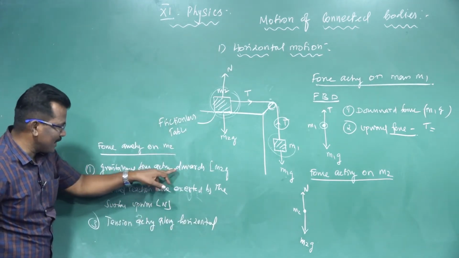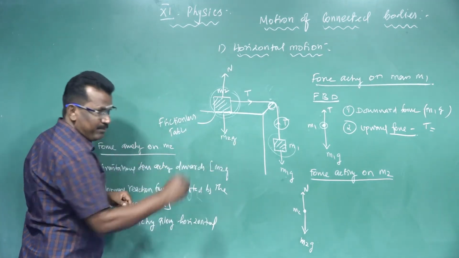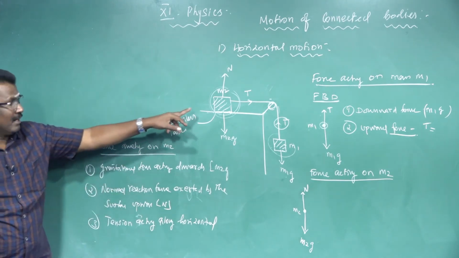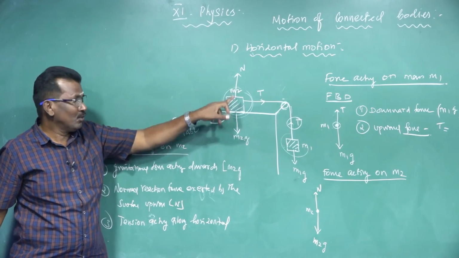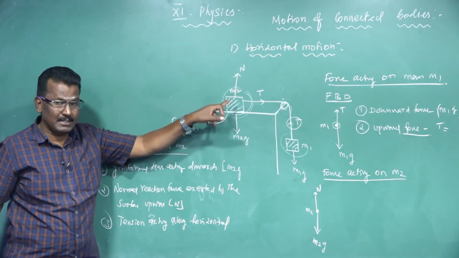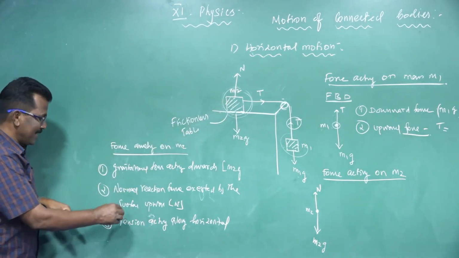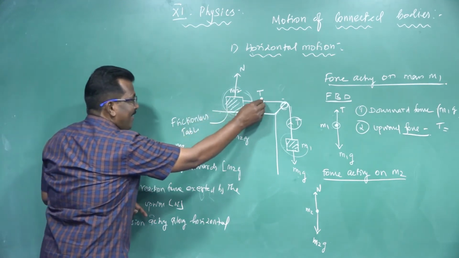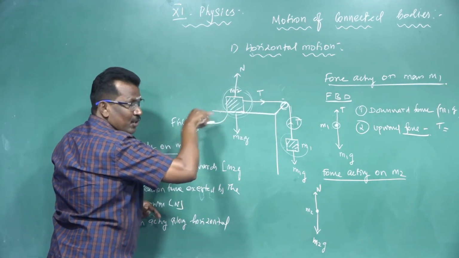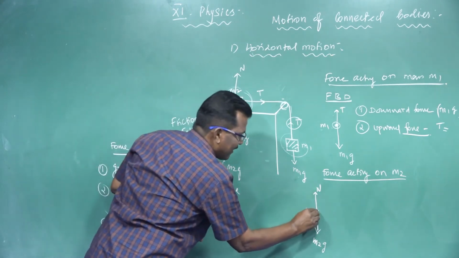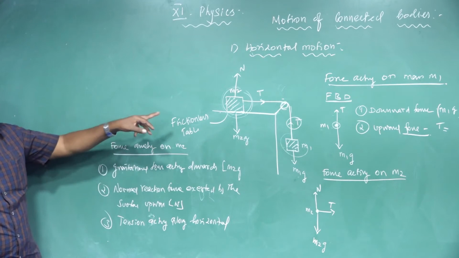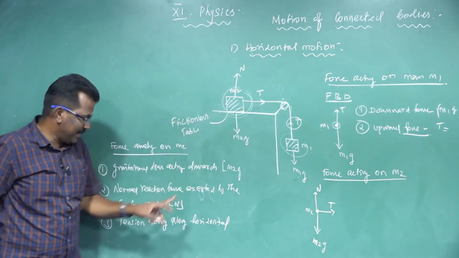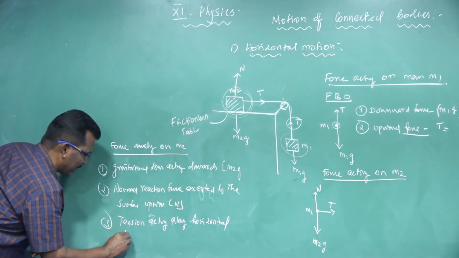One is the gravitational force acting downward, m2g. Then an equal amount of normal reaction force acting upward, the normal force exerted by the surface. And another force, the tension T acting along the horizontal, exerted by the string.